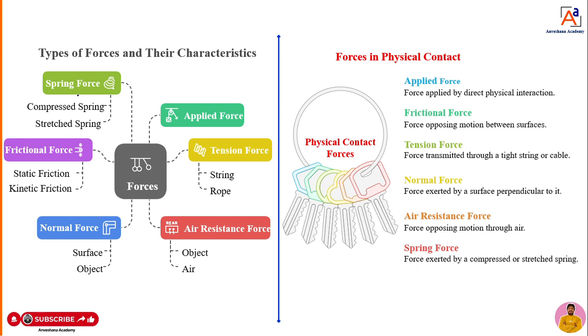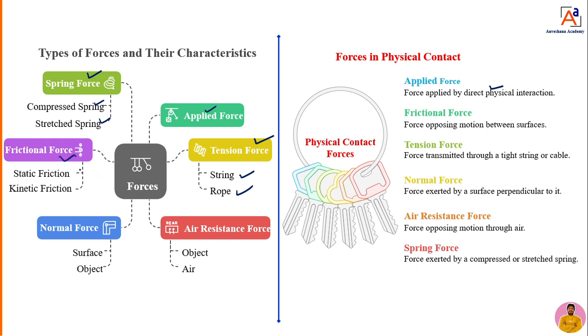Now, different characteristics. What is spring force? Compressed spring force, stretched spring. Then applied force. What is applied force? The force applied by direct physical interaction. Tension force, which we can find in string or rope.